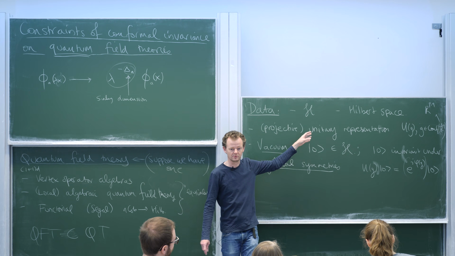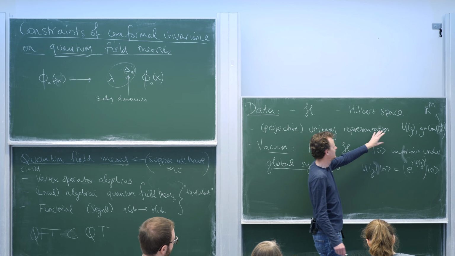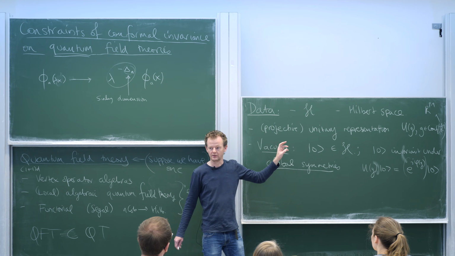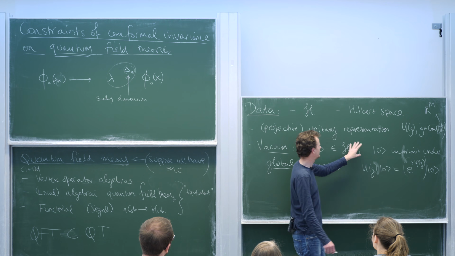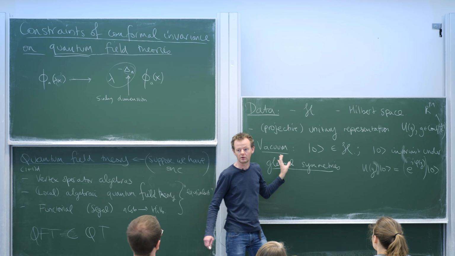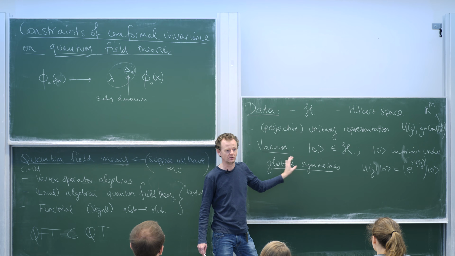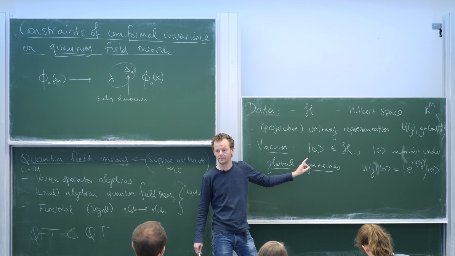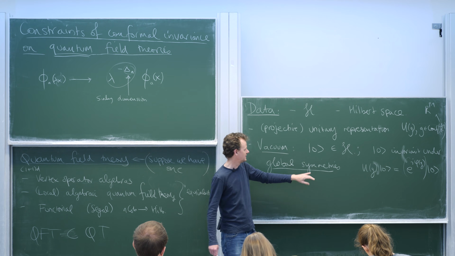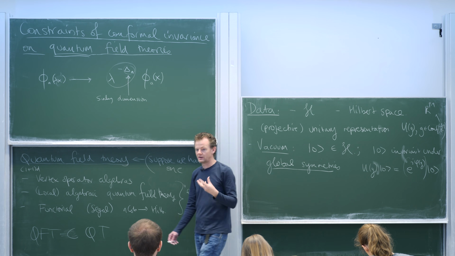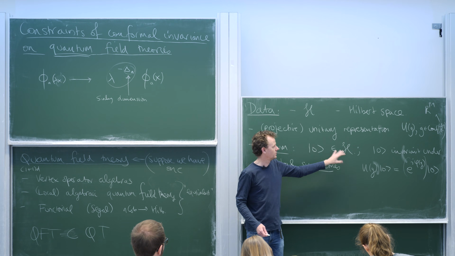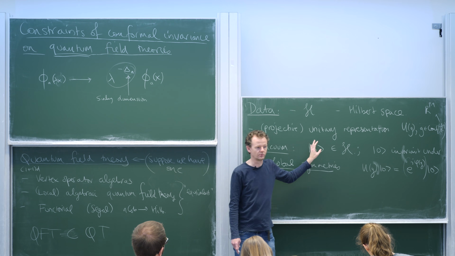It's the diffeomorphism group of the circle, and the global conformal group is a subgroup of that. And so all we're demanding is that the vacuum vector is invariant under the global conformal transformations, but not necessarily the local ones. This is a crucial point. Which means that given the vacuum vector and the unitary representation, you can build the entire Hilbert space just by acting on it with the full conformal group.